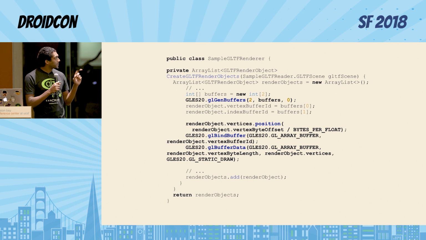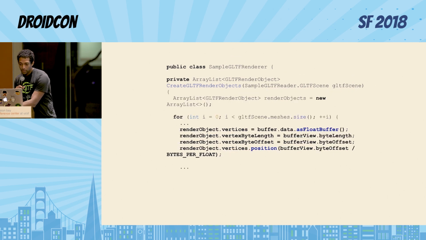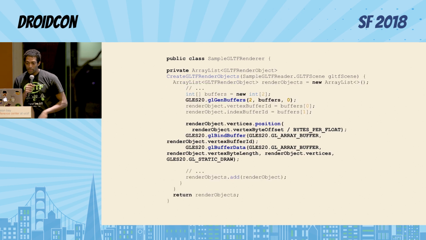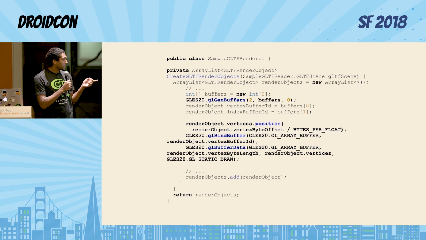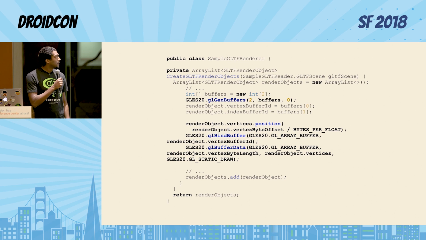Oh, actually, sorry. This is the way that you actually upload the data to the GPU. So now that we have the vertex data in memory, so that's here in our float buffer abstraction, then we need to upload it to the GPU. So this is the API that we use with OpenGLES to upload the data to GPU memory, so from system memory to GPU memory.